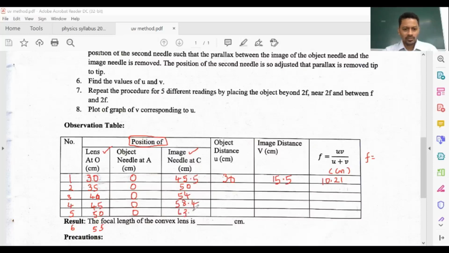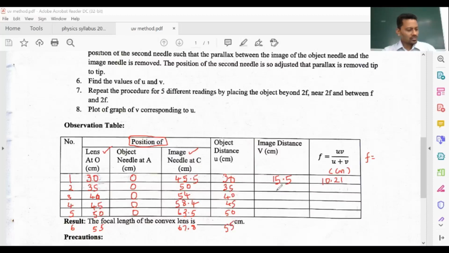You can do this experiment and you can get a little bit of variation in the readings. So it's 67.8 here. If I fill the column for object distance, my object distance I get as 35, 40, 45, 50, and the final reading will be 55.